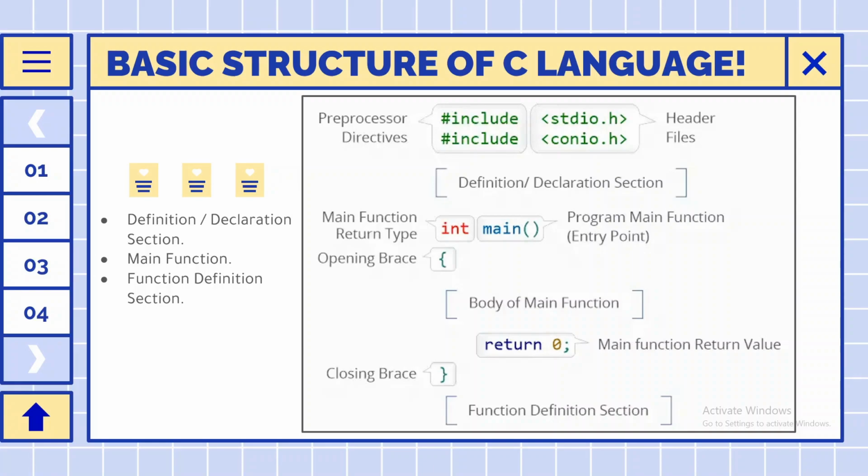The main function is where the execution of the program mainly starts, and it can have a return type which is int or a non-return type which is void. The function definition section mainly tells about the functions that have to be called in the main function.